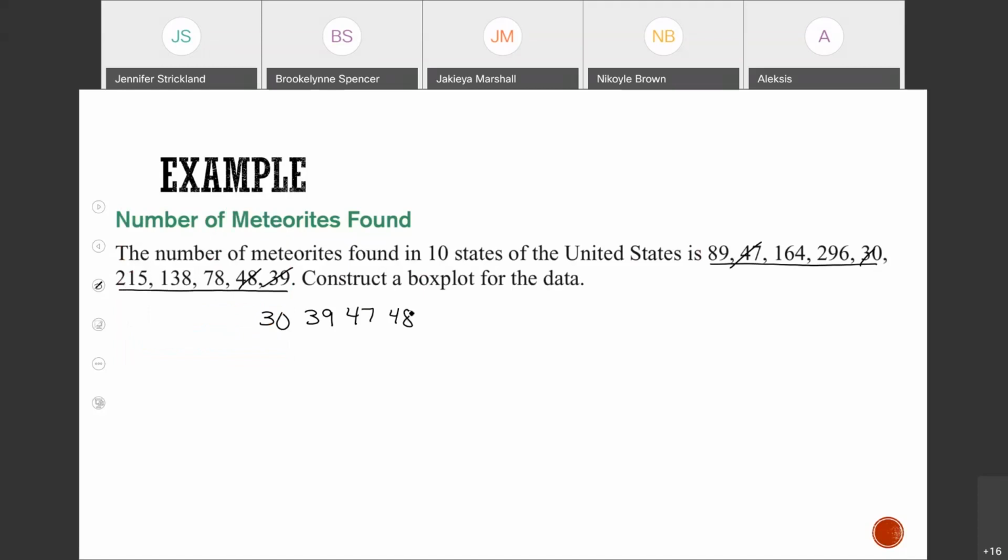I have a 78. 138, 138. 164, 213, and 296. 215 and 296.